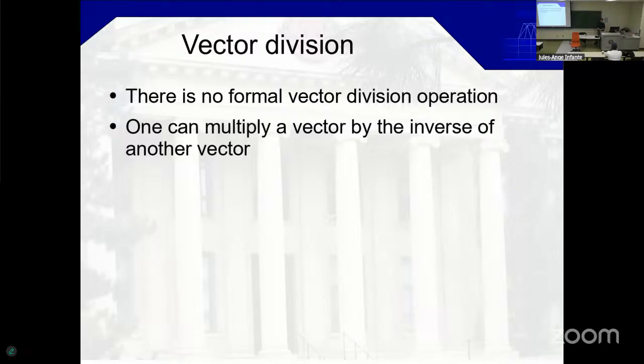When you have the inverse of a tensor, you multiply it by another tensor, and that is how you effectively do the equivalent of division with tensors. That's why matrix inversion is a very important operation.